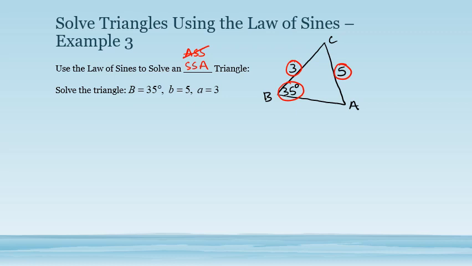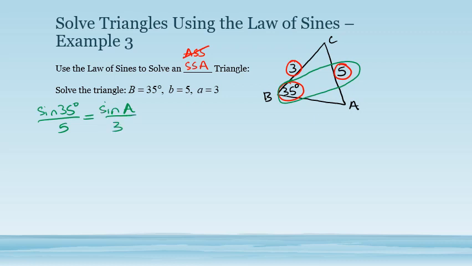Okay, so can I use law of sines on this? Do I have an anchor? And the answer is yes, I do. I have an anchor. It looks like B. So I'm going to say that the sine of 35 degrees over 5 is equal to, and I'm going to focus on angle A because I'm being given side A. So I'm going to say the sine of A over 3.